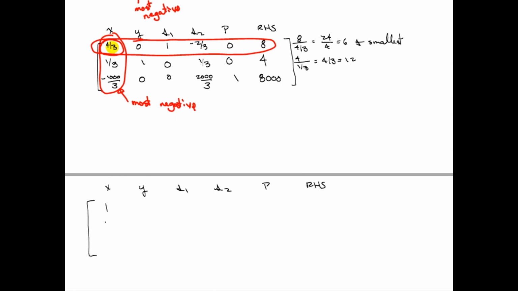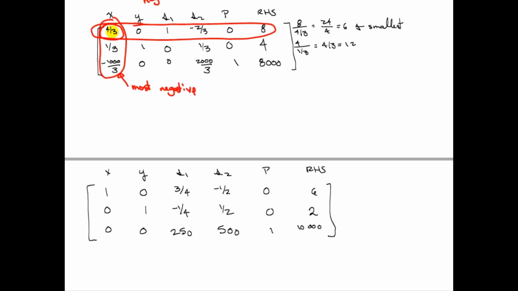Okay, here's what we should get. 1, 0, 3/4, negative 1/2, 0 and 6 for the first row, 0, 1, negative 1/4, 1/2, 0, 2 for the second row, then 0, 0, 250, 500, 1, 10,000 for the third row.